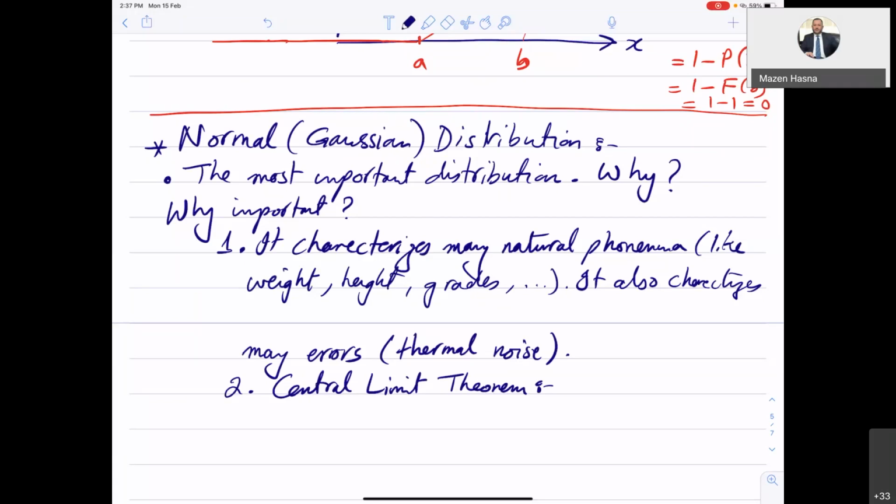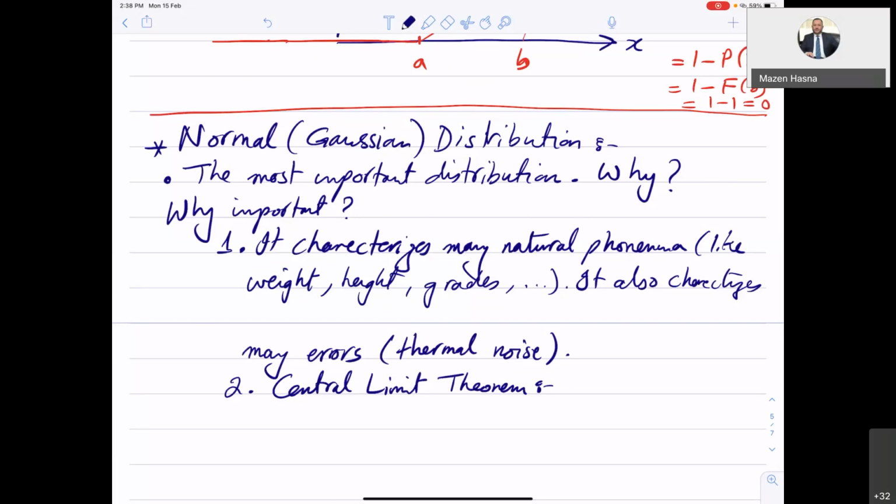Even if you add discrete random variables, you will end up with a normal distribution. If you add even uniforms, like the uniform we just saw, 2 uniforms or 5 uniforms, you will get very close to a normal distribution. Of course, adding random variables is done in a certain way. We'll talk about it. In your next computer assignment, you will do a very small simulation to verify yourself that when we add different random variables, they add up to a normal distribution.